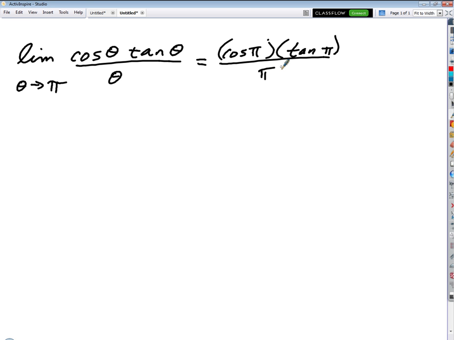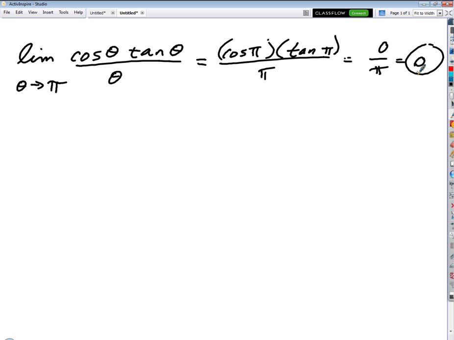Cosine of pi is negative 1, never mind, you're right. So we end up with -1 times 0 divided by pi. So we get 0 over pi, which is just 0.